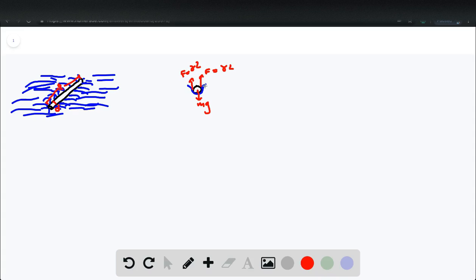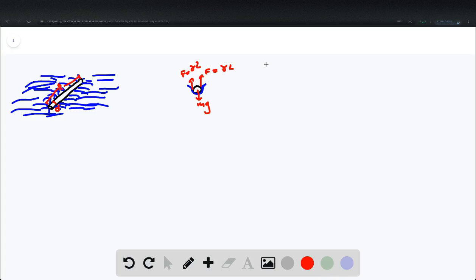So we see that the water's kind of surrounding this needle, and the tension force is what's holding it upward. And I'm ignoring the buoyant force. So just using the actual weight, mg, here in this free body diagram, since the buoyant force will be minimal, we're neglecting that.